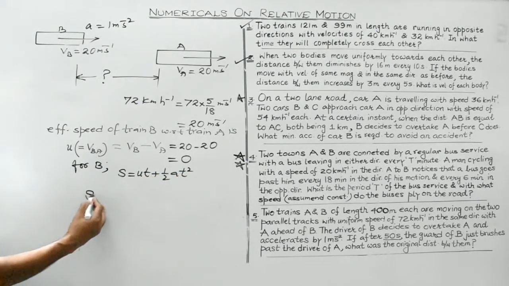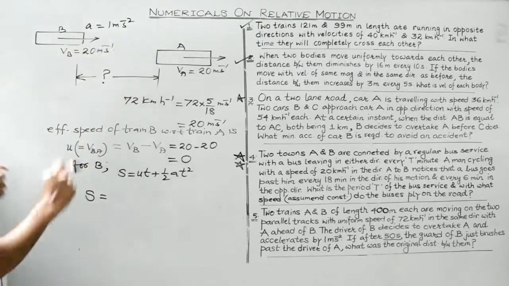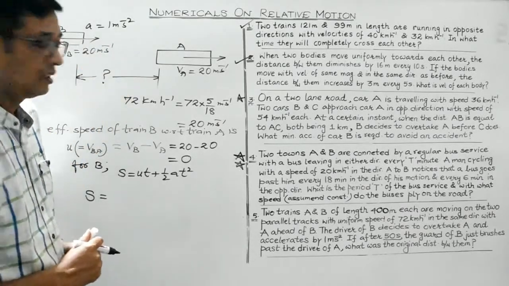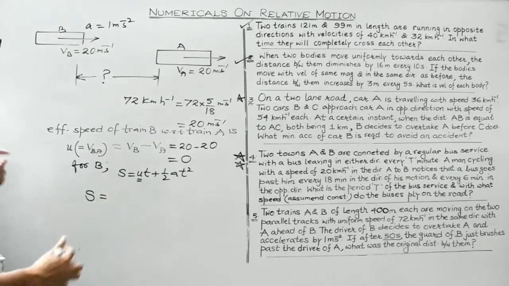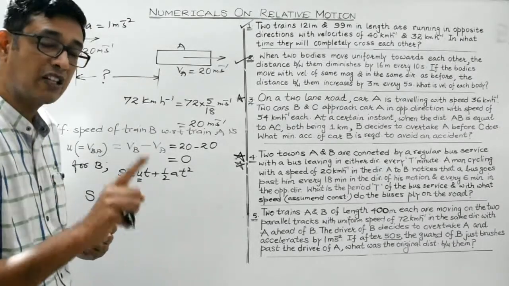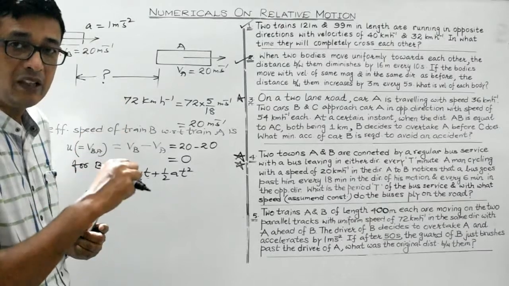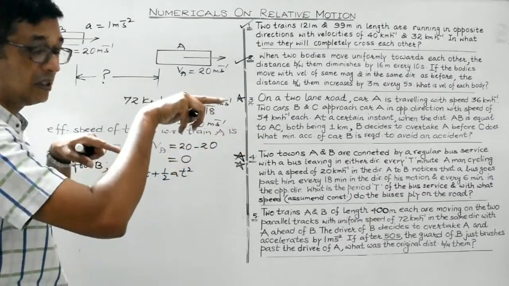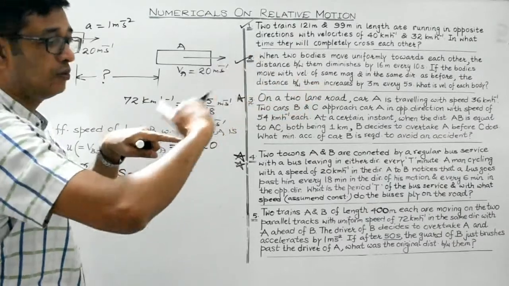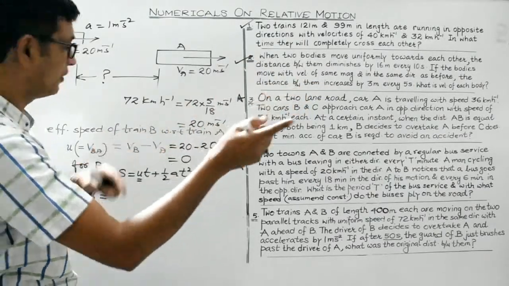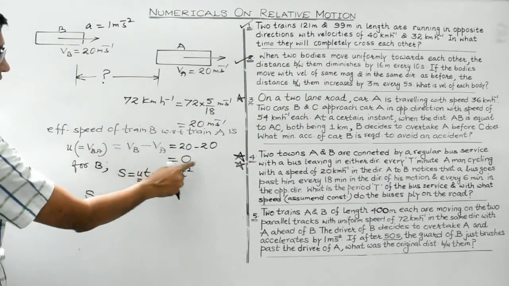S will be the distance covered by body B, effective distance covered by body B in time t, which is 50 seconds, right? U is the initial effective speed of body B with respect to body A. Remember, they are maintaining a same constant distance. So both the bodies are moving in the same speed, so the effective speed of body B with respect to body A is 0.